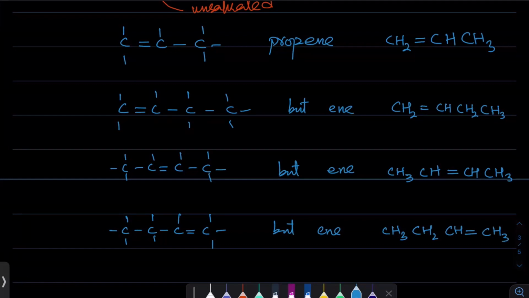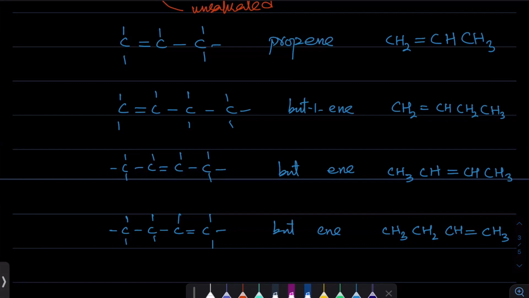Okay, now here's what you have to do. You have this double bond on the first carbon. In the chain, you have them on the first carbon. So we'll call it but-1-ene. And in the second one, I have it on the second carbon. Like अगर मैं यहाँ से start करता हूँ 1, 2, 3, 4.